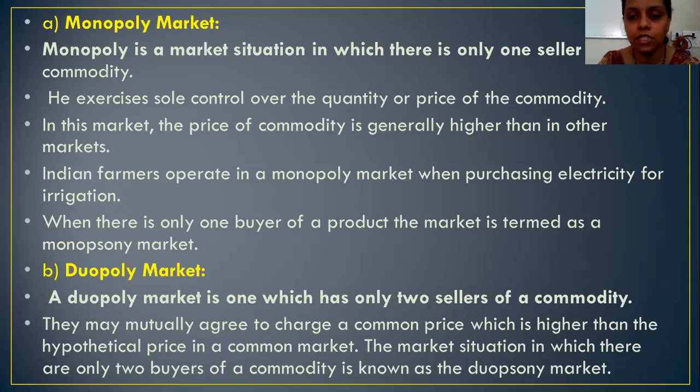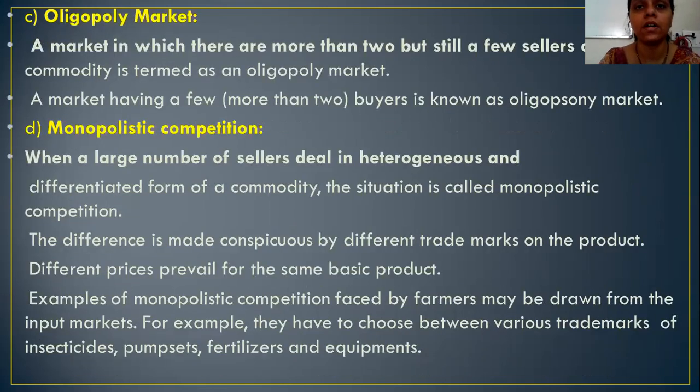The market situation in which there are only two buyers of a commodity is known as a duopsony market. Now the third type in the case of imperfect market, the oligopoly market. What is oligopoly?